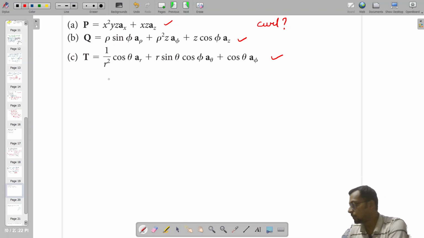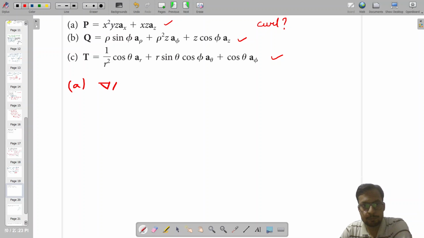So performing this one by one, taking option A, del cross P. We have to find the curl, so I'm taking the first one.